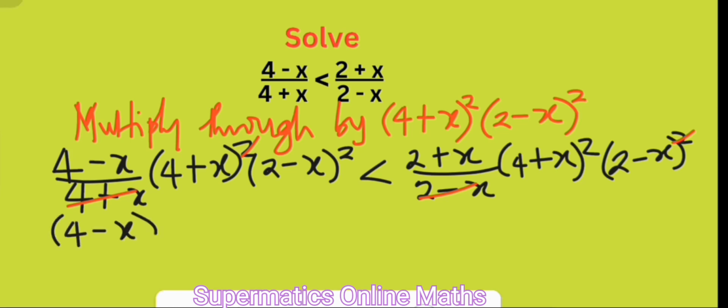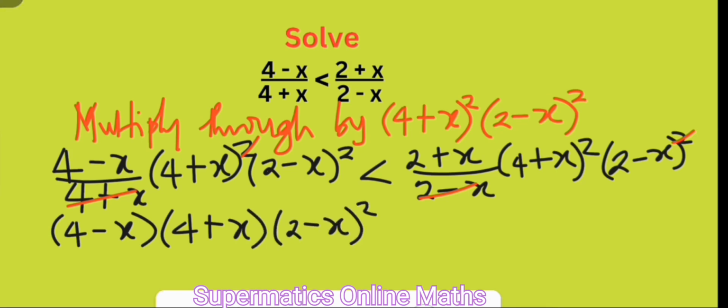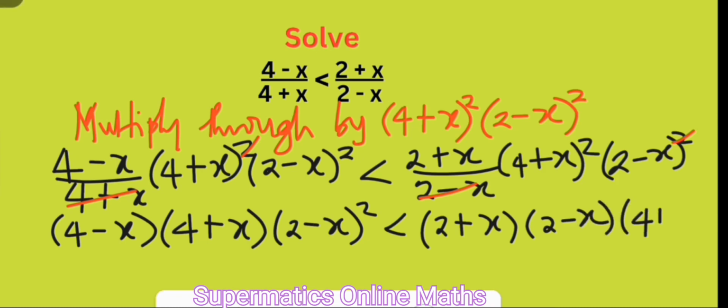(4 - x)(4 + x), and that multiplying (2 - x)² on the left hand side, and that is less than (2 + x)(2 - x), and (4 + x)² on the right hand side.